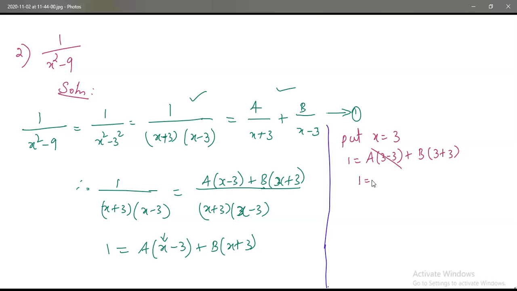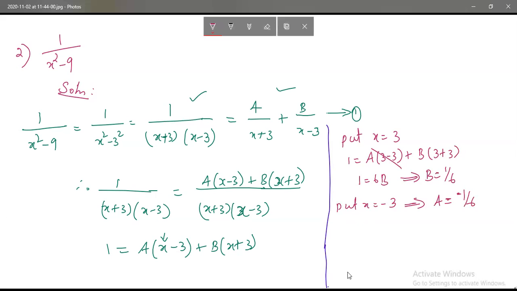So you get 1 is equal to 6b, which implies b is equal to 1 by 6. Similarly, put x is equal to minus 3, so the b term gets eliminated, and which will give you a is equal to minus 1 by 6. Simplify it and find it, a equal to minus 1 by 6.